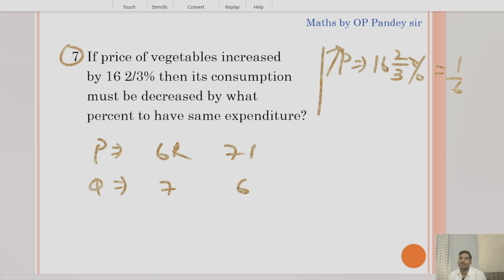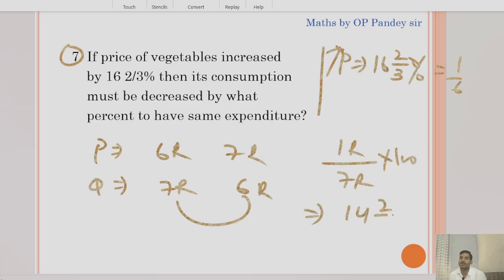Quantity decreases by how much ratio? 1 ratio, at 7 ratio, into 100. After solving we get 14 whole 2 divided by 7%. That is the correct answer for this question.